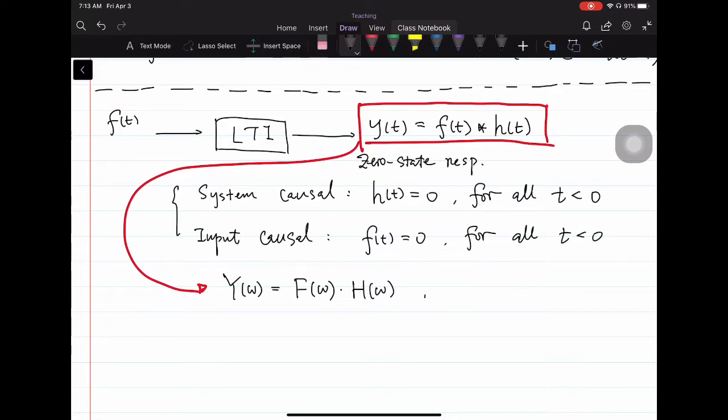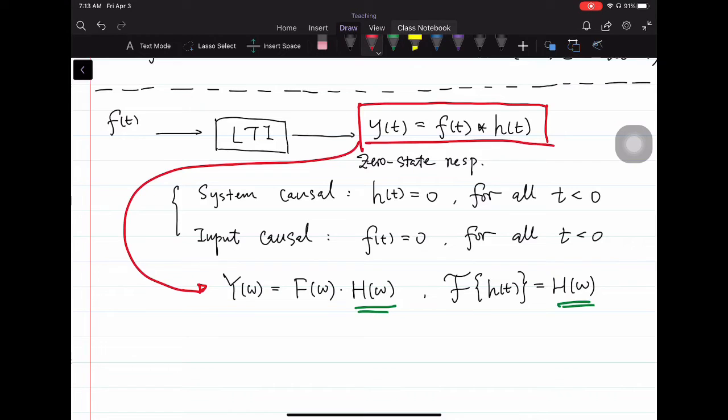And we know the frequency response function is the Fourier transform of my unit impulse response. This is what we have discussed earlier. And of course, the frequency response function H can also be obtained through our transfer function.